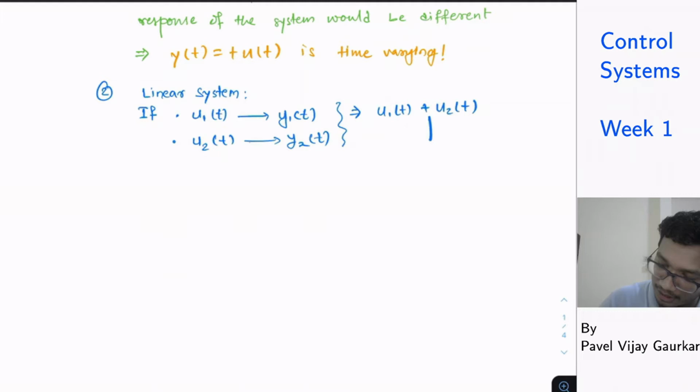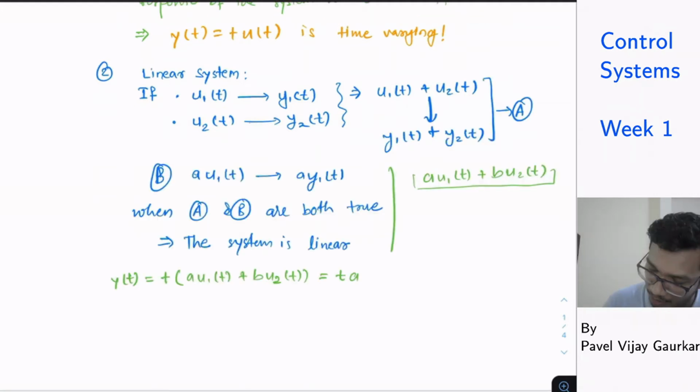So y of t equals t in brackets A into u1 of t plus B into u2 of t, which is t into A into u1 of t plus t into B into u2 of t.